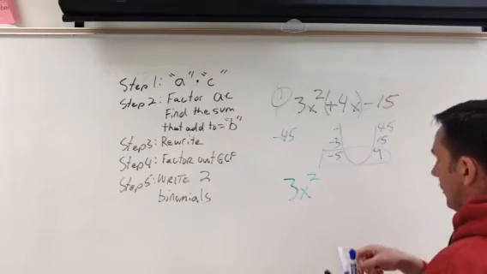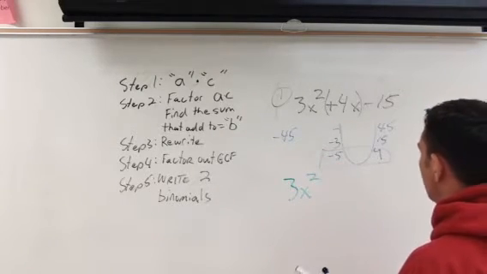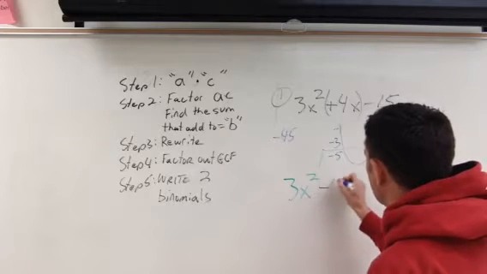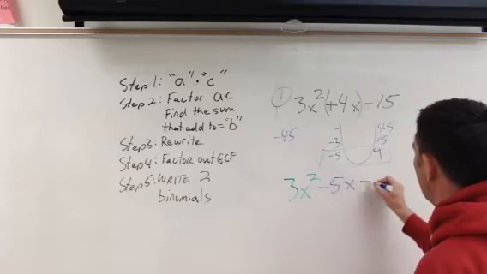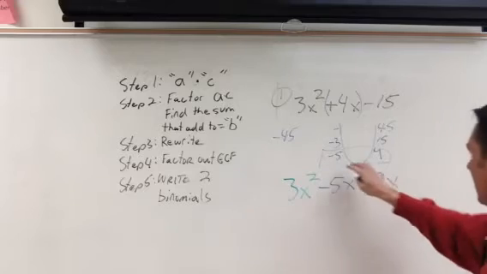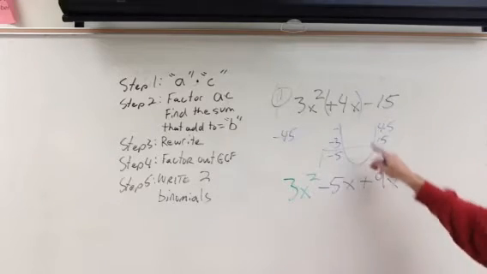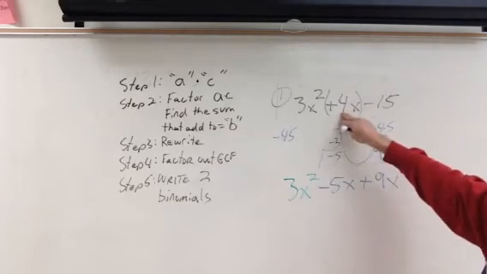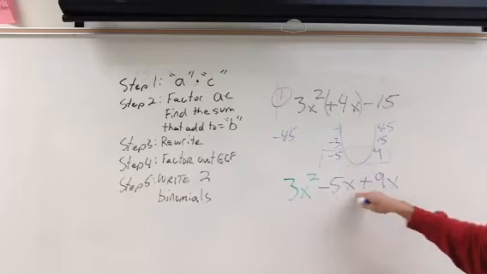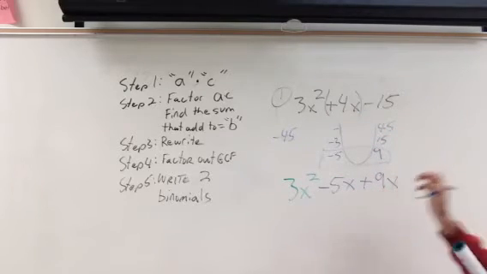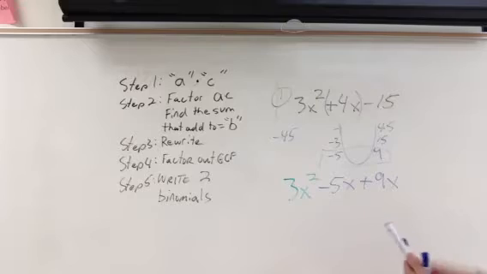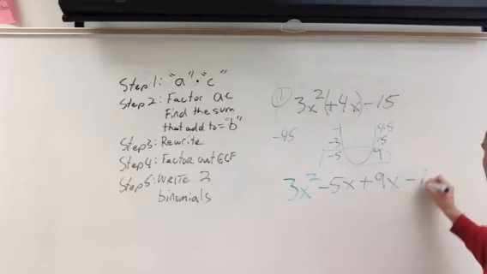But now we have a minus 5x, and we have a plus 9x. These numbers go with our x's. And if you notice, all we did was change the 4x to a negative 5x and 9x. We kind of just spread it out. And we're left with our minus 15.